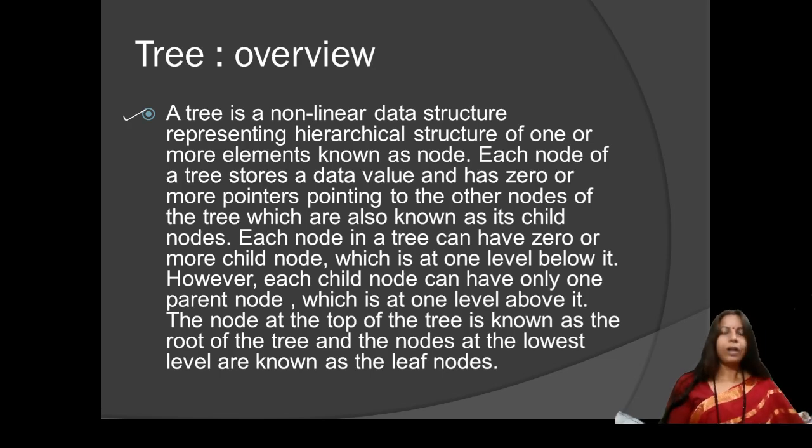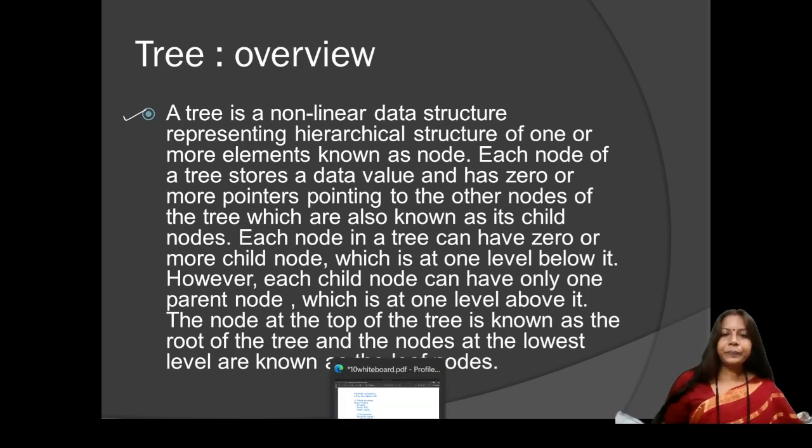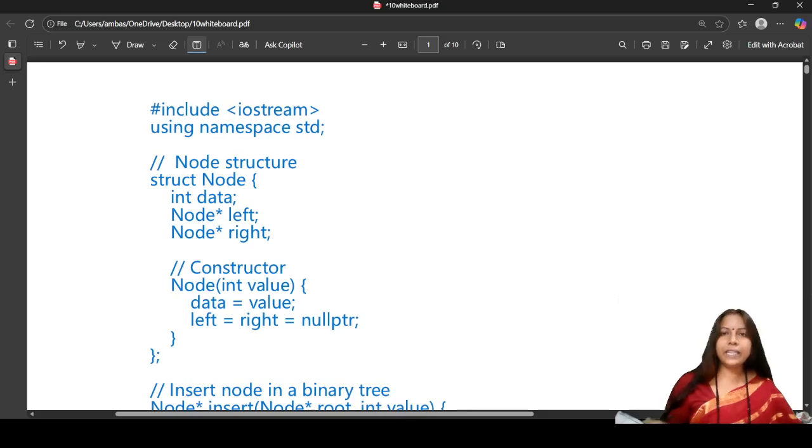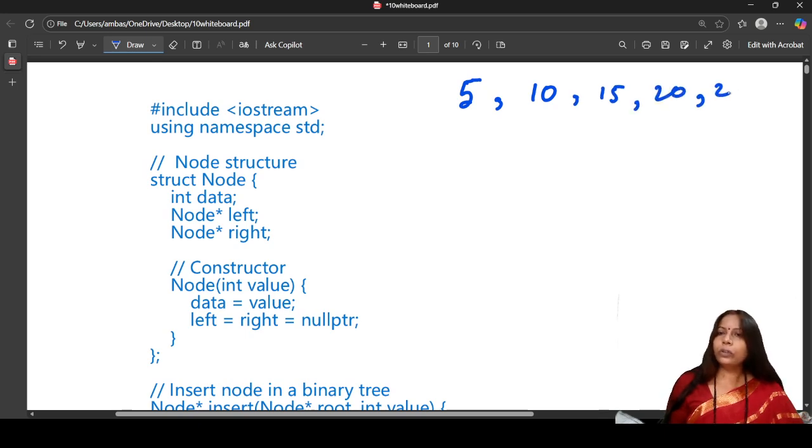Here I would like to share the idea of how we can represent our elements, how we can insert nodes using the tree concept. Tree concept means we can insert elements here. Suppose we have elements like 5, 10, 15, 20, 25.